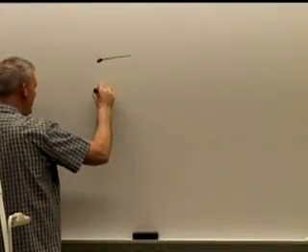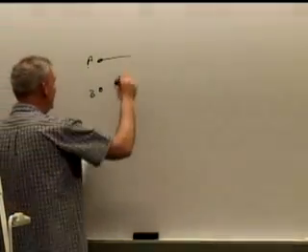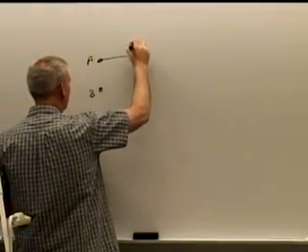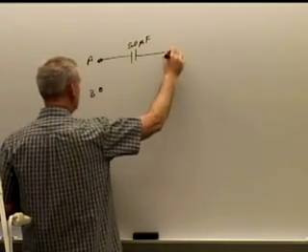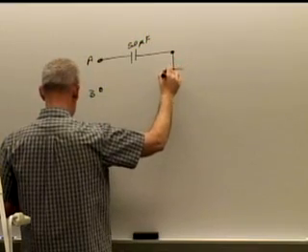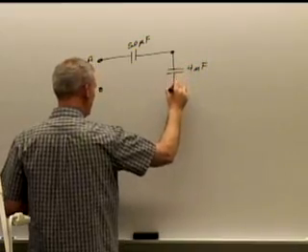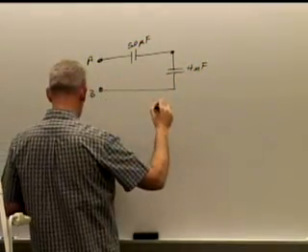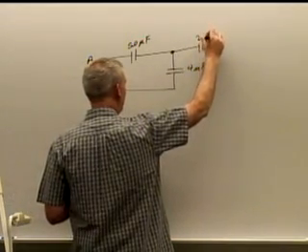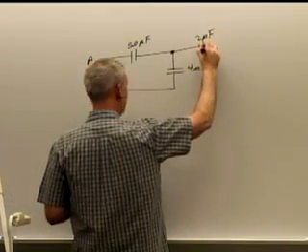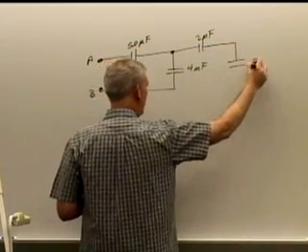So here, we're going to run from A to B. This is a part of a circuit. Got microfarads here. Four microfarads here. Two microfarads here. 12 microfarads here.